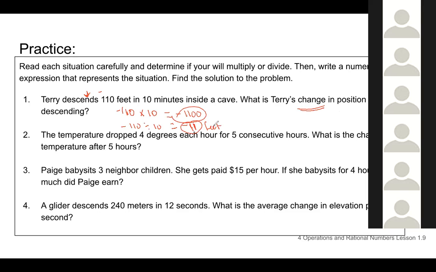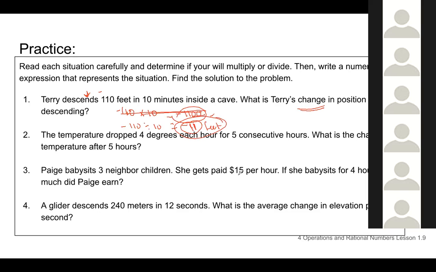But maybe it might be helpful to figure out both ways. If you're unsure, look at both ways and then look at whether or not it makes sense. Is his change in position going to be 1,100 feet before he starts moving? No, it's not going to be 1,100 feet before he really starts moving. So it's going to be 11 feet, right?